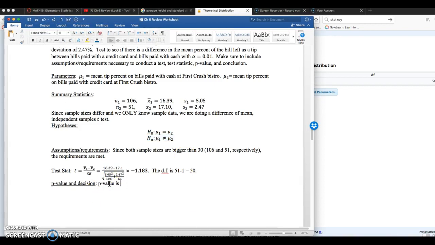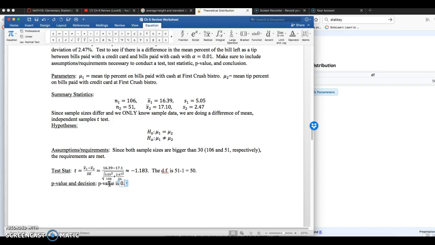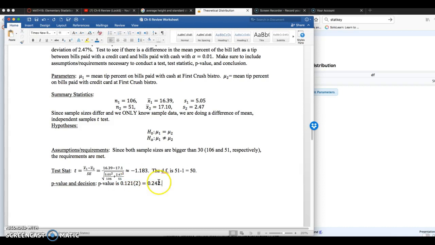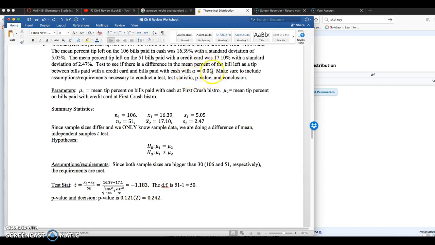So the p-value is about 0.242. About 24% on the p-value. And we are going to compare that with a significance level of 1%. This is significantly higher. We do not reject the null hypothesis.